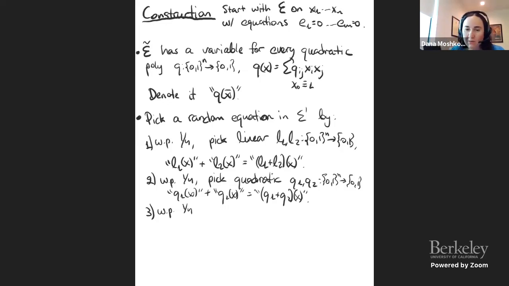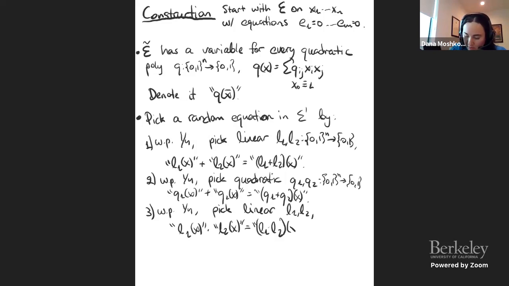I'm going to check the relation between the Q's and the L's. We're going to pick linear L1, L2, but now I'm going to check that L1(x) times L2(x) equals (L1 times L2)(x).